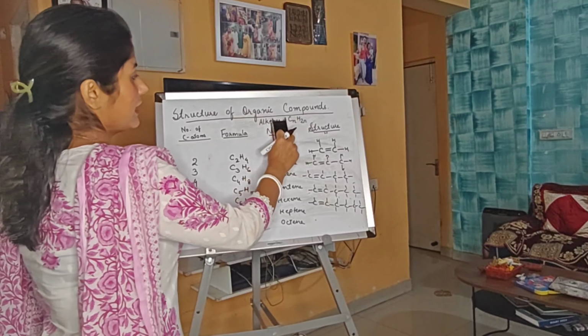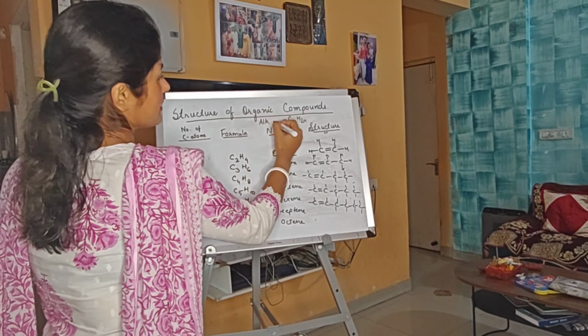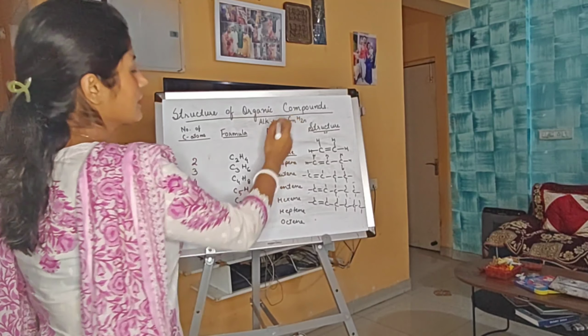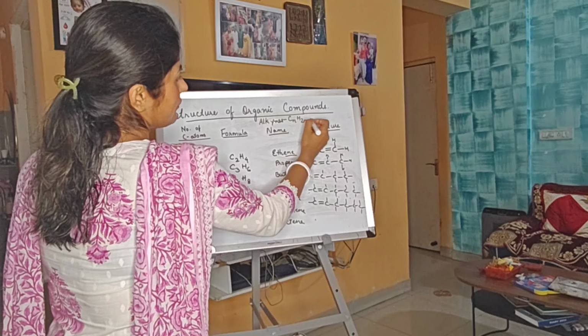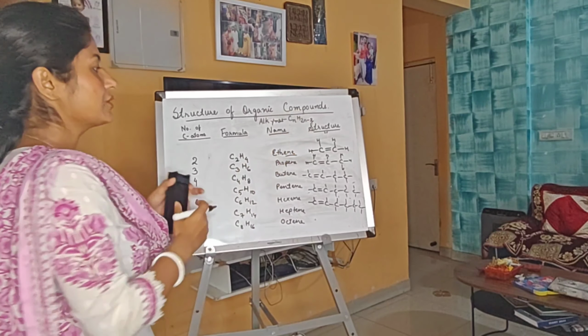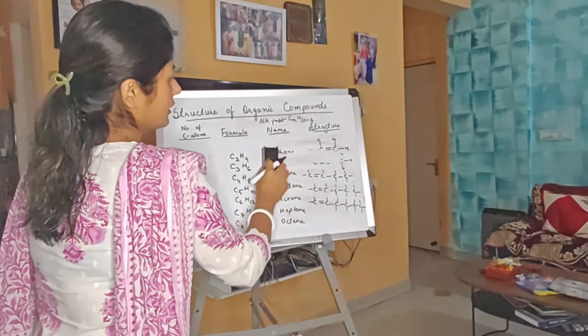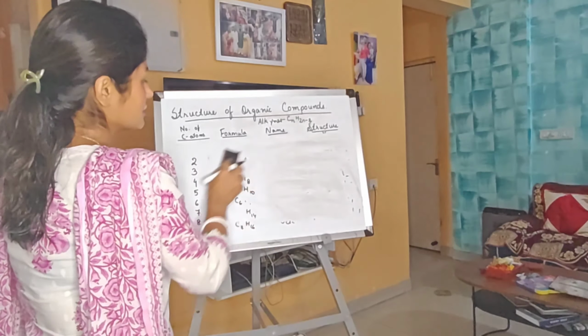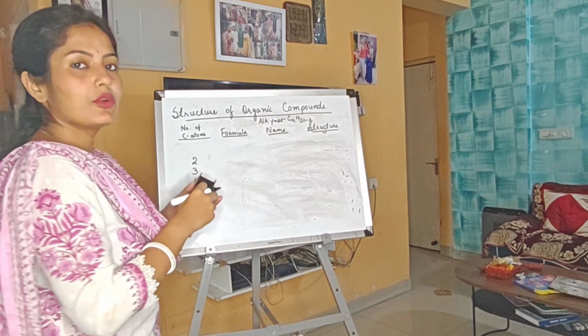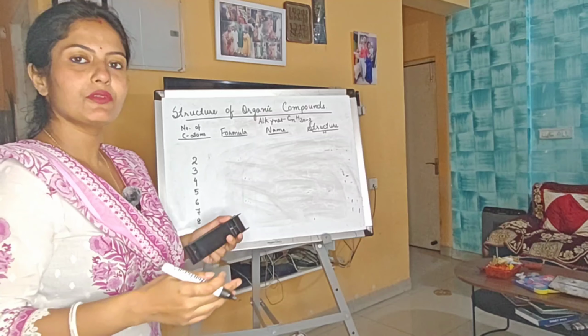Now the last one is alkynes, that is the triply bonded organic compounds. The general formula is CnH2n-2. Now let us see how to draw the structure. So here also, similarly, since there is a double bond between the carbons in alkenes, there is a triple bond between the carbon atoms in alkynes.